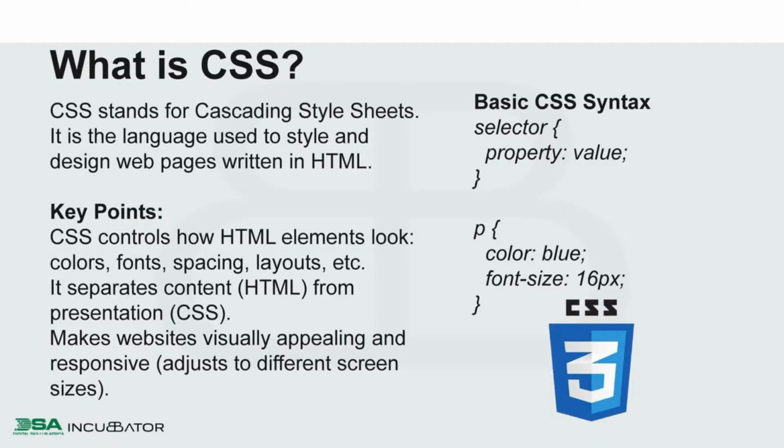So even if your web page has a lot of content, it's how you manage your CSS that determines how visually appealing that web page is going to look. It makes your website visually appealing and responsive, adjusting to different screen sizes.